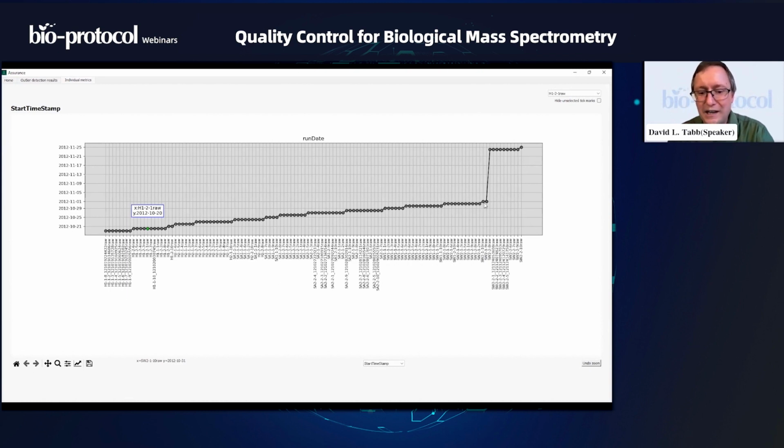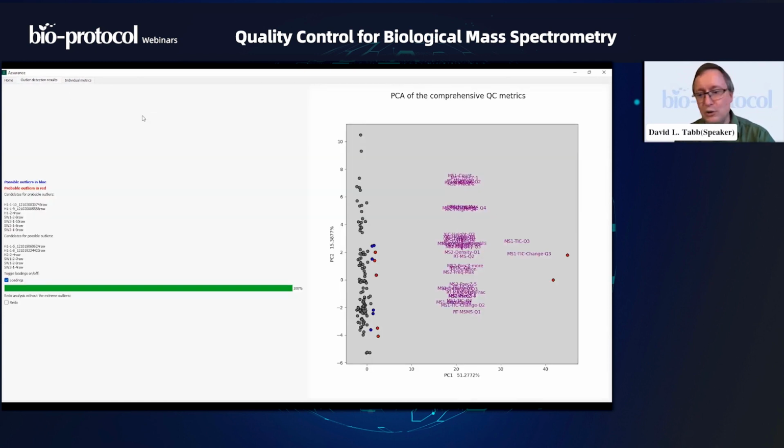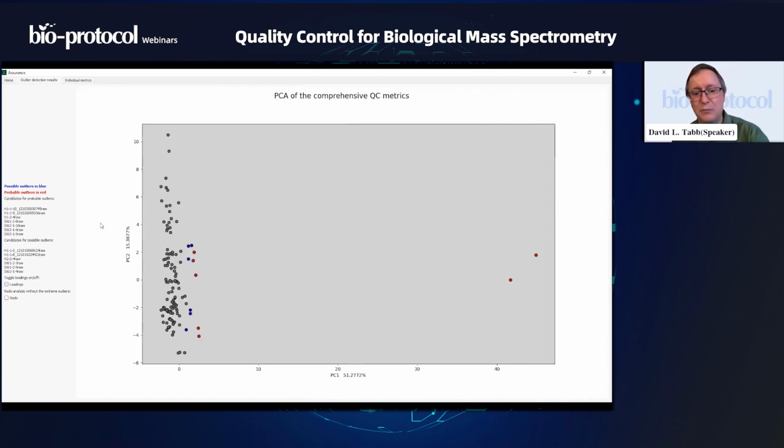So what we see is that by sniffing the data, by looking for outliers, we recognize that something was going very hairy with the instrument here on November 1st. They did something, and it was only after they did that something that they got back to running our experiments. So sometimes doing an outlier sniff of your data can tell you a little bit more about what was going on in the lab that produced them. And that is awfully valuable to a lot of people.